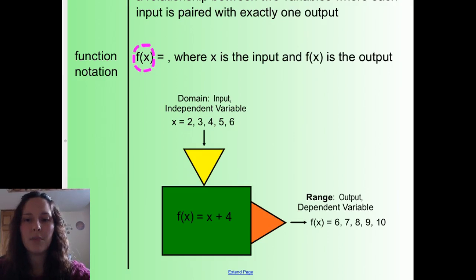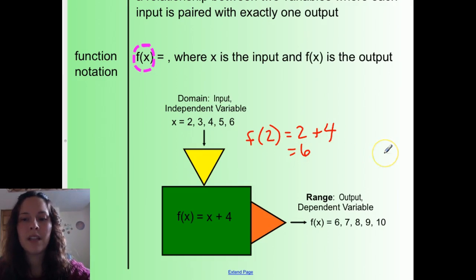So for example, for our function machine down here, if we put the input of 2 into the function, it will take that input, add 4 to it, and it will give you an output of 6. So this function evaluated at 2 equals 6.